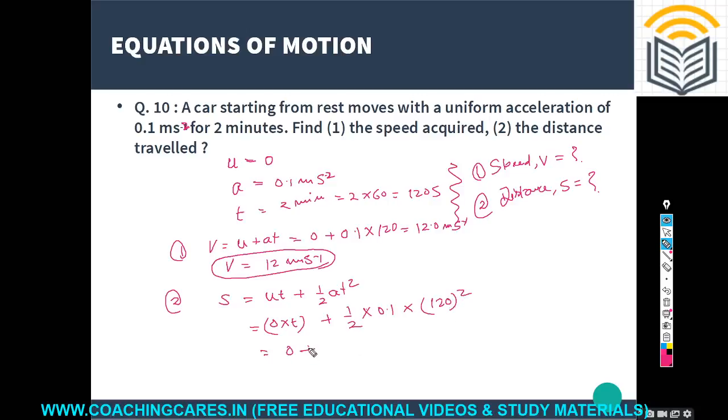So we can write it in this way, 0.1 into... I'm sorry, it is multiplication by 0.1, so we'll write it here, 720. 720 is the final answer. So S is equal to 720 meter.